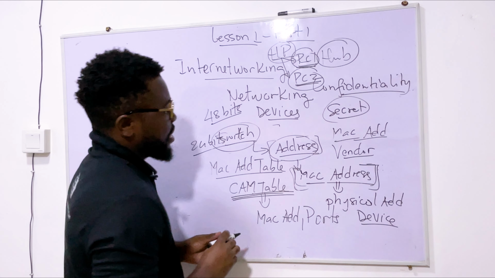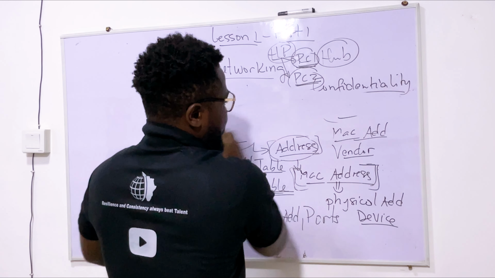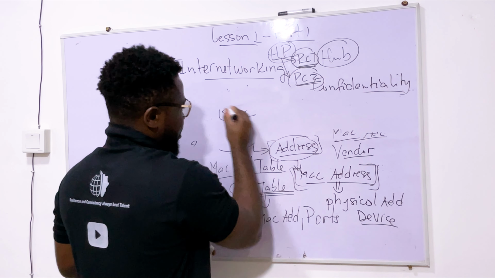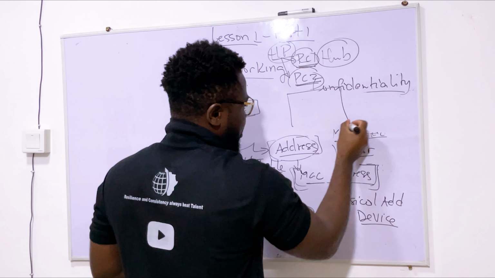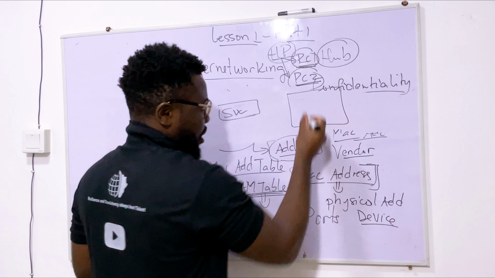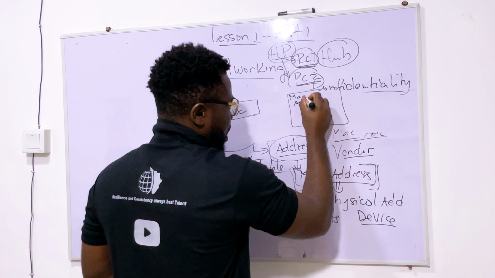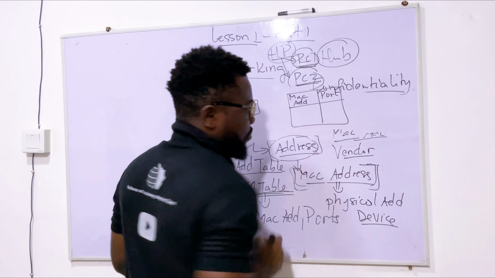So if I have a switch as a device, meaning this switch has a memory, which is a table. On this column, it will have a MAC address, and on this column, it will have a port.